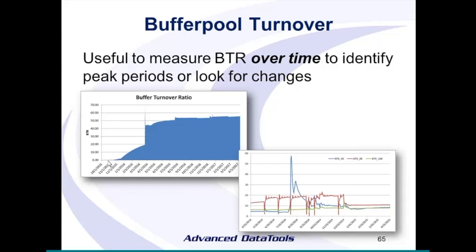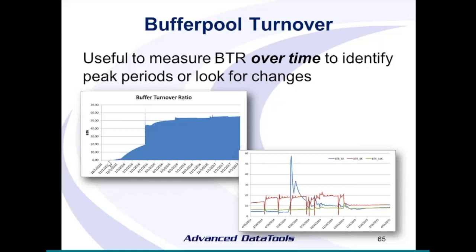Every time there's a scan of that table, the database had to go to disk now to pull in the rest of the table that wasn't fitting into cache. It had to go to disk, bring it into the cache, and then push something else out. So we were beginning to get some turnover. And then when there's many scans against that table, our cache is just being overwritten with each sequential scan. So our buffer turnover ratio went from like 0 to about 55.